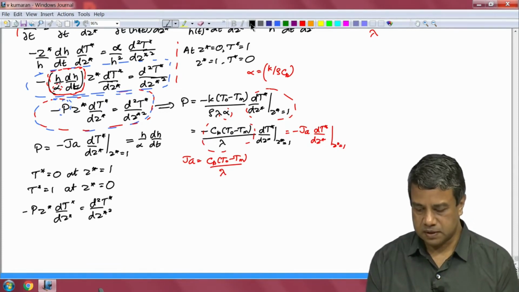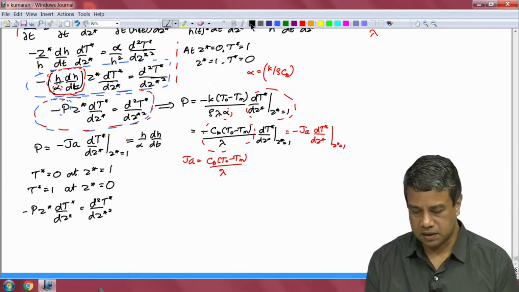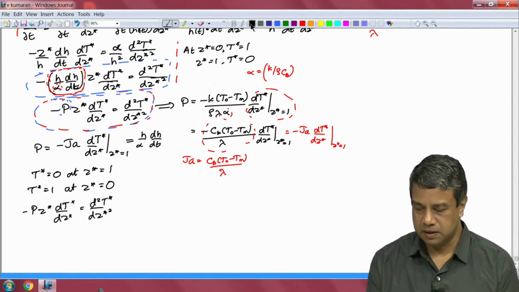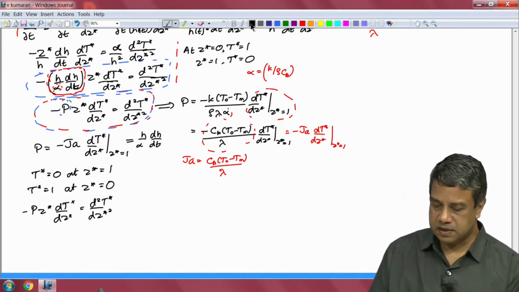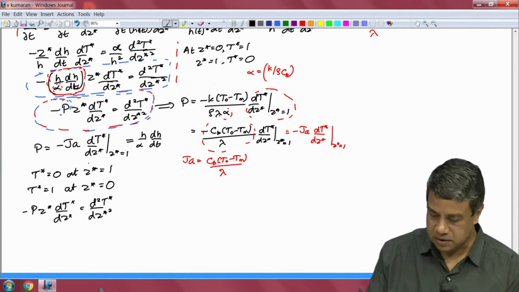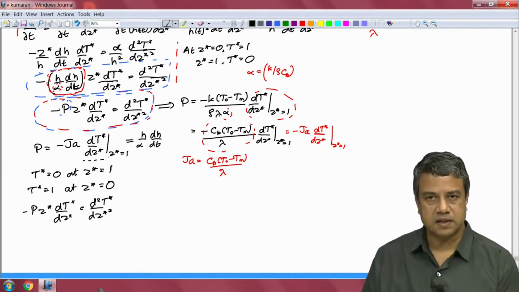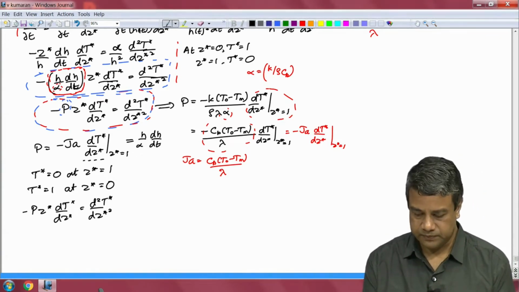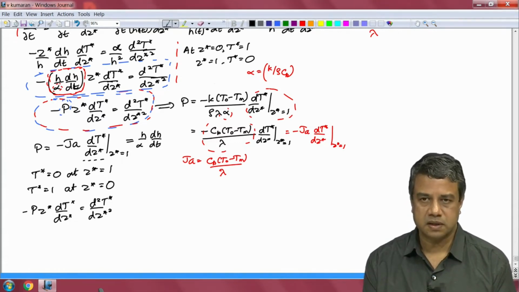So, this is the equation, the boundary conditions, and the condition for the parameter p, which has to be determined self consistently after evaluating the solution and getting the derivative at z star equal to 1. That is the equation and the solution.